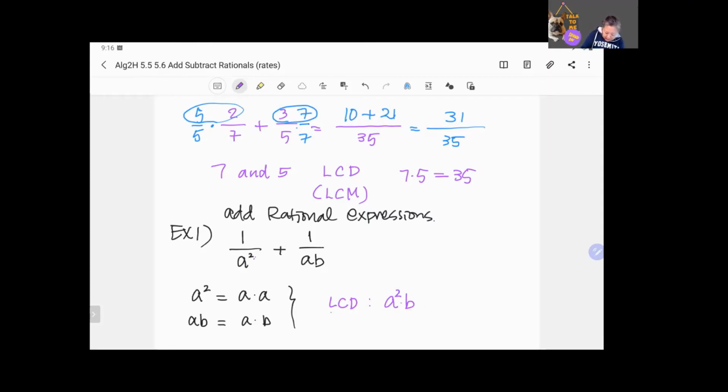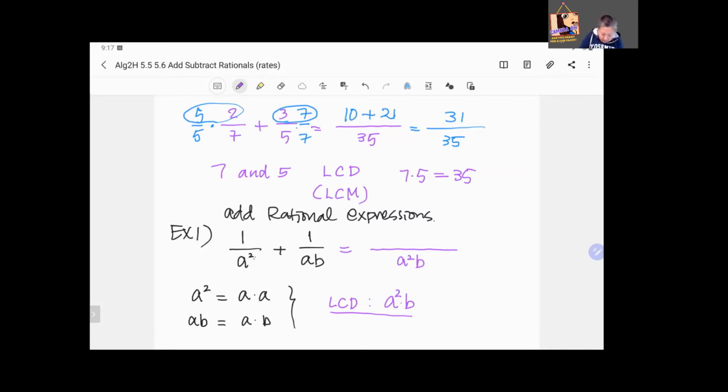So that's the way you can find the least common multiple between two. Then the common denominator between a squared and ab will be a squared b.